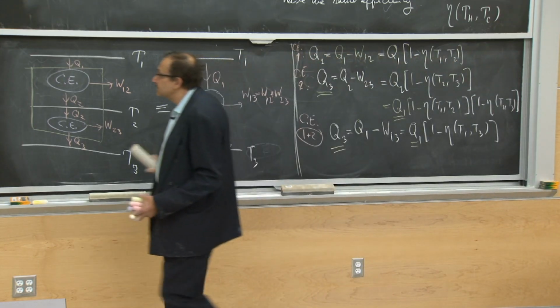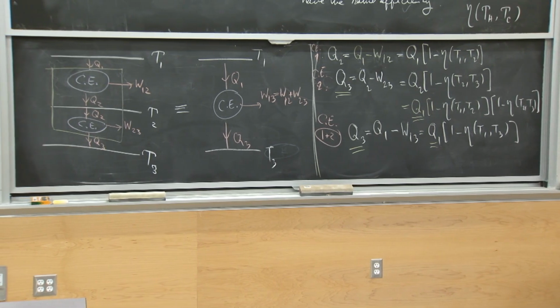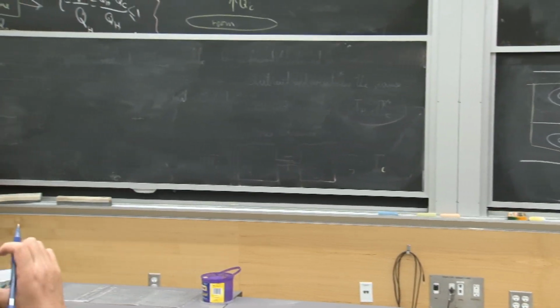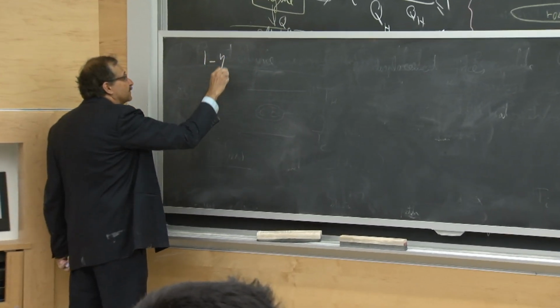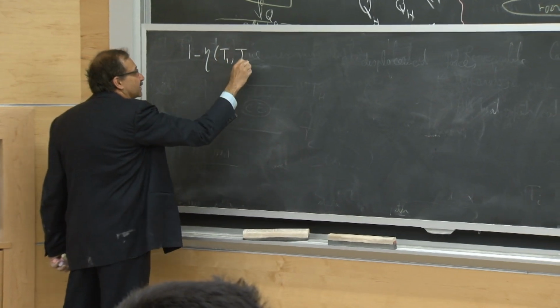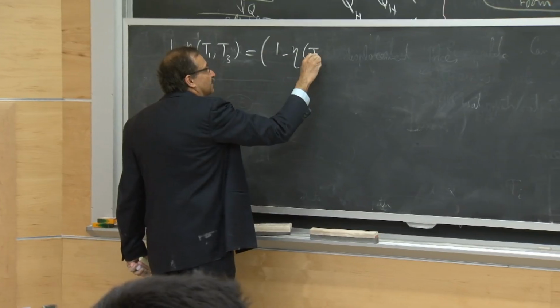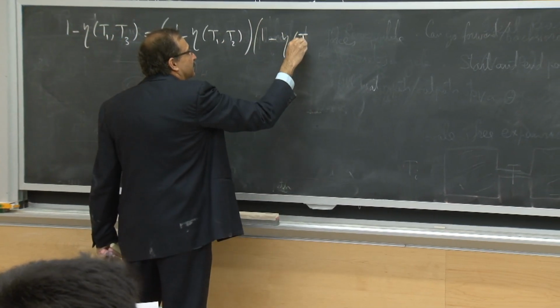And what that says is that the efficiency functions calculated between pairs of temperatures, when we look at a triplet of them, have to be related by: 1 minus efficiency between T1 and T3 is 1 minus efficiency between T1 and T2, times 1 minus efficiency between T2 and T3.